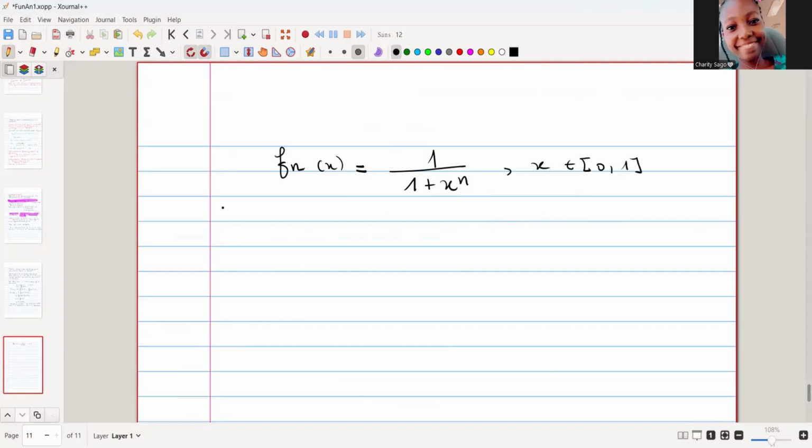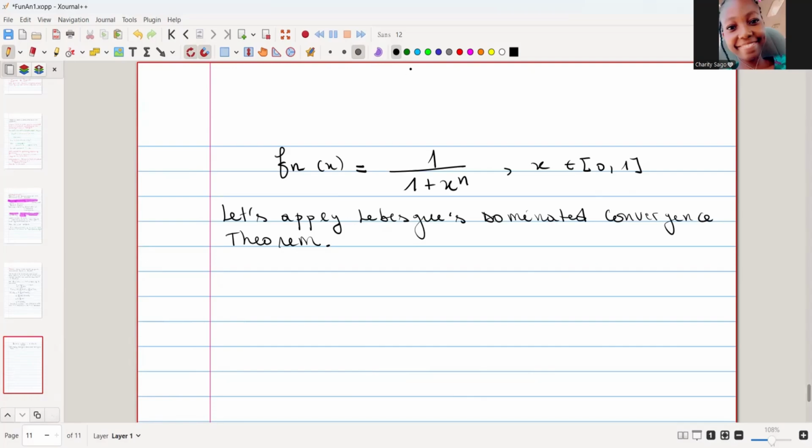So we would like to apply the Lebesgue dominated convergence theorem. So what I'm going to do before applying it, I'm going to state it.